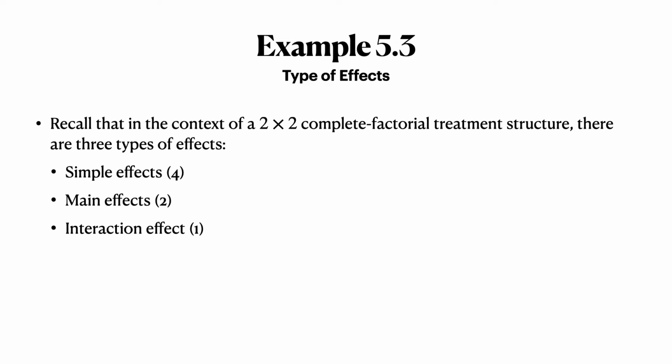And you'll recall that we can think of the interaction between these two factors in two different ways, from two different perspectives. We can think of the interaction of factor A with B, or we can think of the interaction of B with factor A. But as we've seen in the past, those are equivalent interactions. They're going to be numerically equal, so we just say that there is one interaction effect.